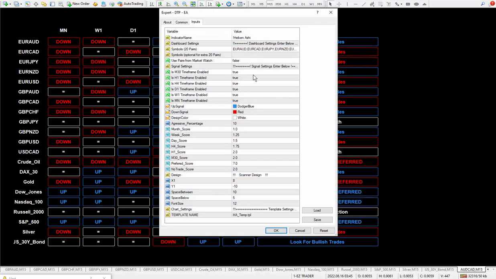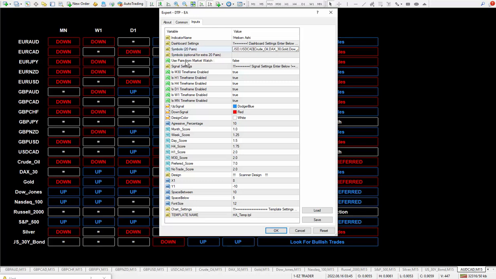So in theory, it takes and analyzes from the Heikin Ashi candles. That's what this is. Now, your broker might call the names slightly different, but you have to put right in here exactly the way it is in your market watch. Exactly.